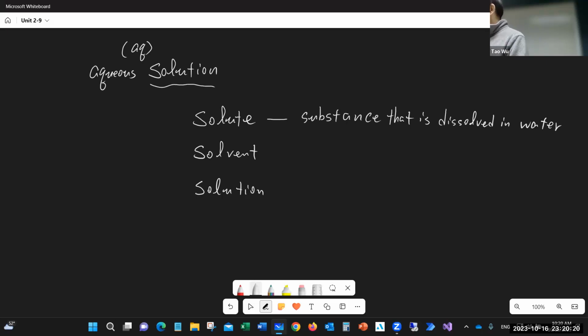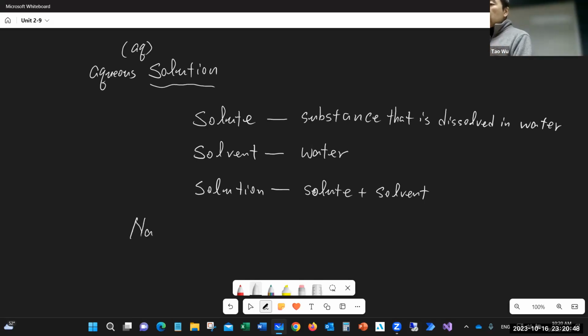So that is the solute. And the solvent over here is just water. This is what we call the solvent. And the solution is just the solute plus solvent. So this is generally the definition: solute, solvent, and the solution.